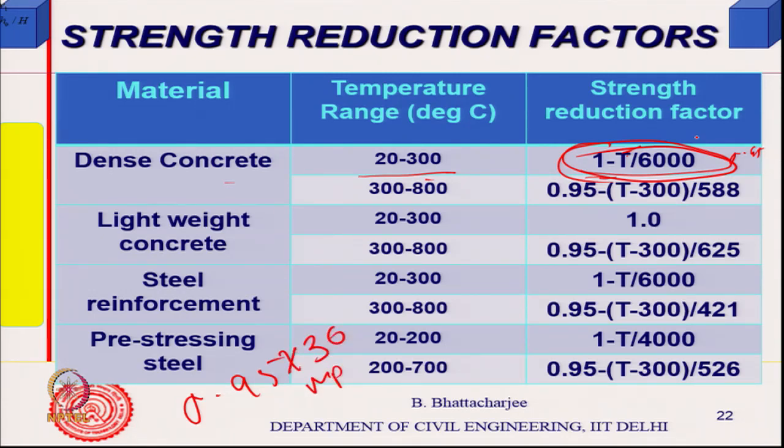So, for the strength reduction fraction at 300 to 800, then you can find out how much the value would be using, say for example, 600, this will become 300 divided by 588.95 minus this. Similarly, for lightweight concrete, up to this we do not consider any strength reduction, beyond this the strength reduces along the slope.